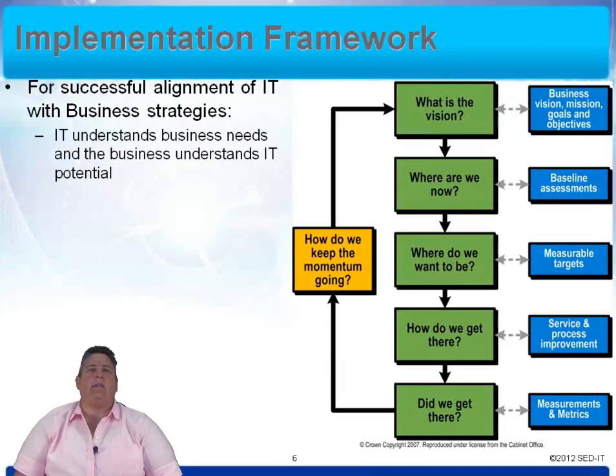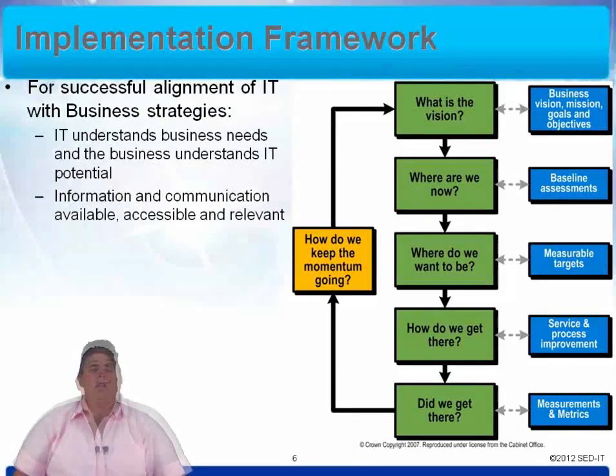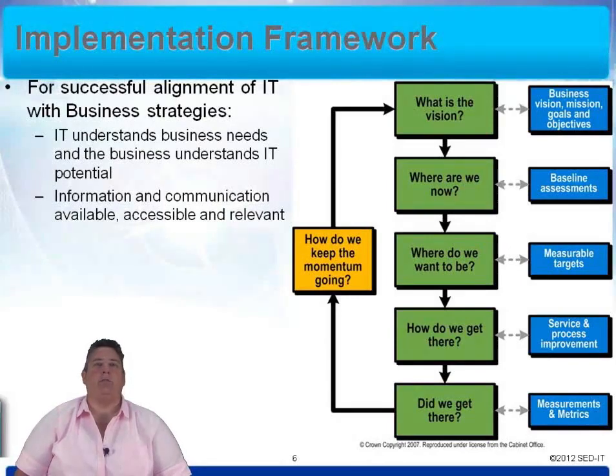IT needs to understand the business needs, and the business needs to understand the potential that IT can bring. Lastly, we have to ensure that the appropriate information and communication is available, accessible, and relevant.